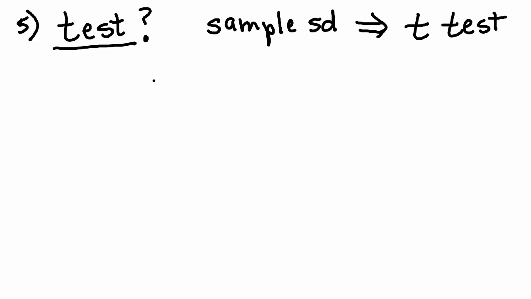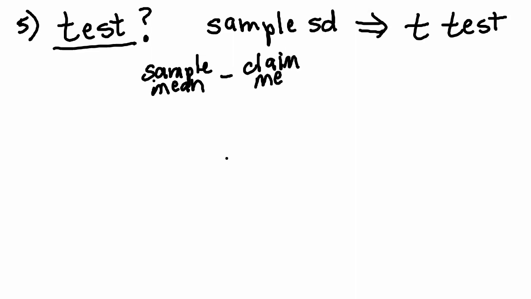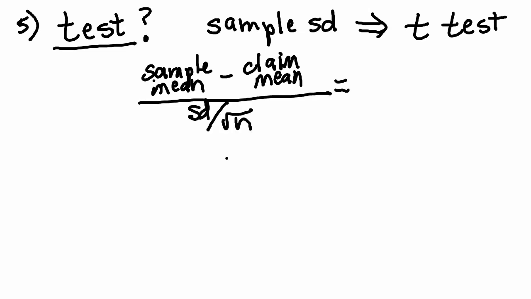So we have to use the formula where we take our sample mean, just like a z-score, minus the claim mean, over the standard deviation divided by the square root of n.